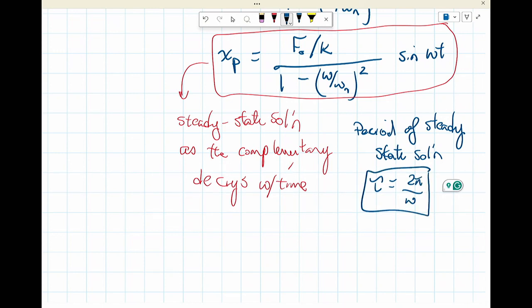And it will all depend on the forcing frequency applied, so that omega that you have in your solution.